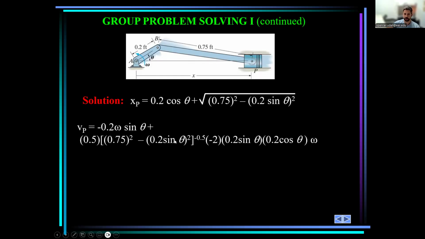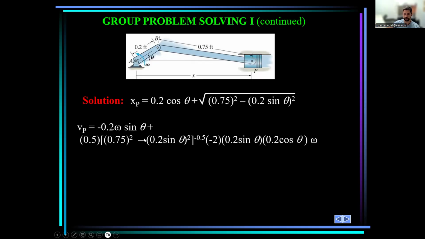The inside didn't change, but now we need to multiply it by the derivative of the inside, which the 0.75 squared goes to 0. But this piece is squared, so we'll end up with this 2 getting multiplied down. So we've got a negative 2 when we multiply it by the derivative of the inside, right? The 2 becomes a 1.